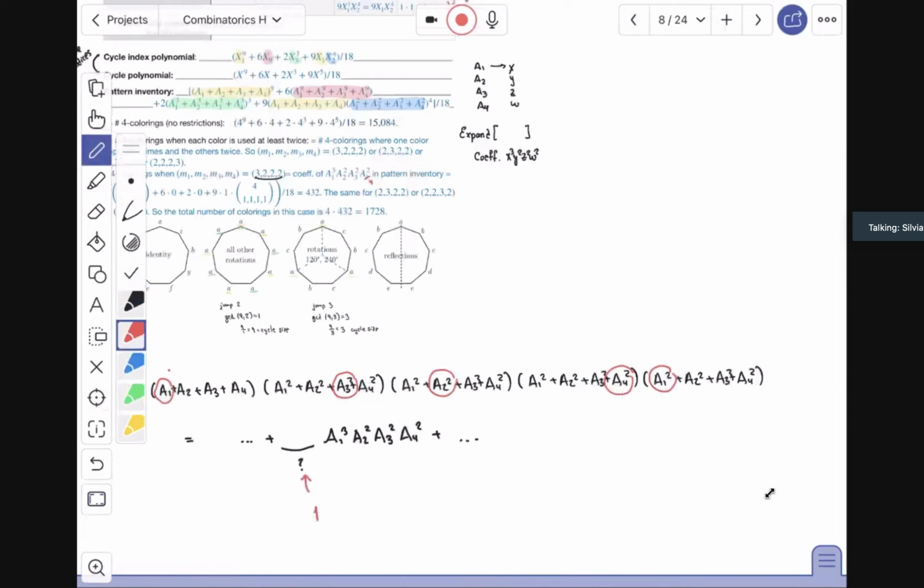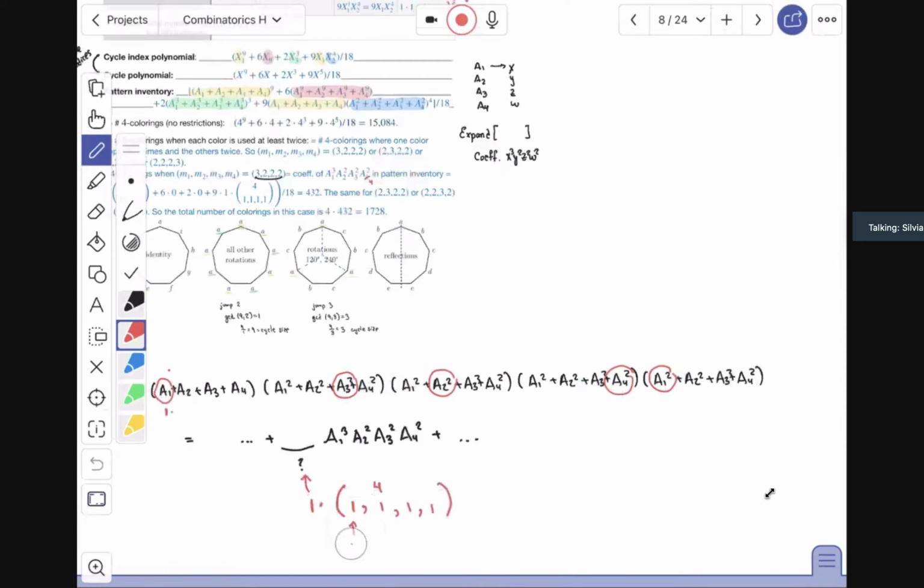So for this one, I need to choose. This is the number of ways of choosing the A1, one way. And then I need to select from my 4 parentheses one with subindex 1, one with subindex 2, one with subindex 3, and one with subindex 4.